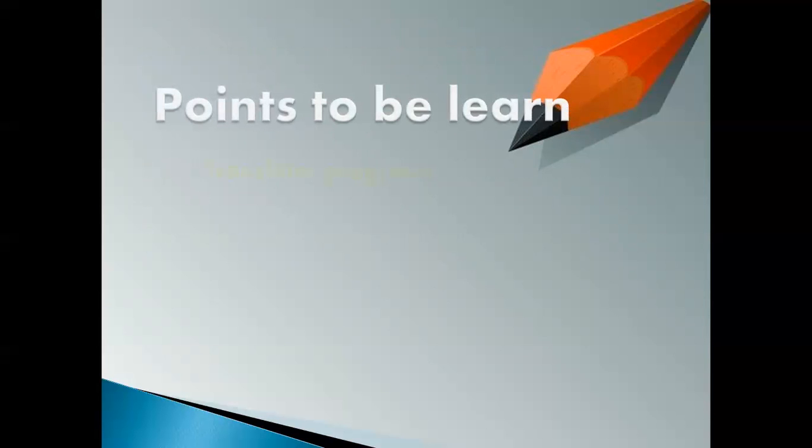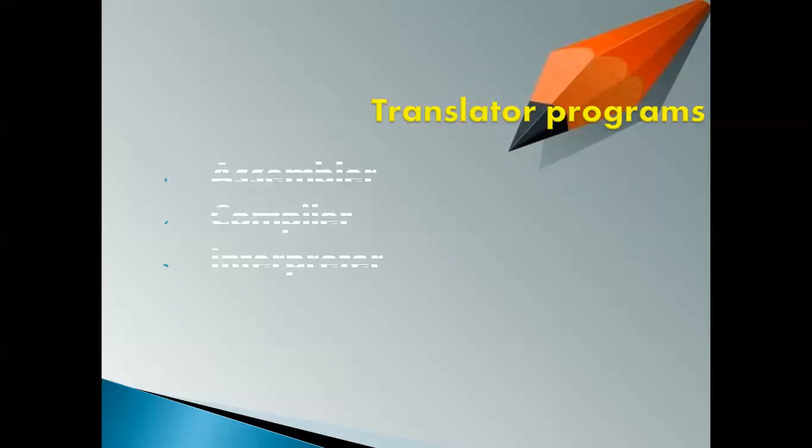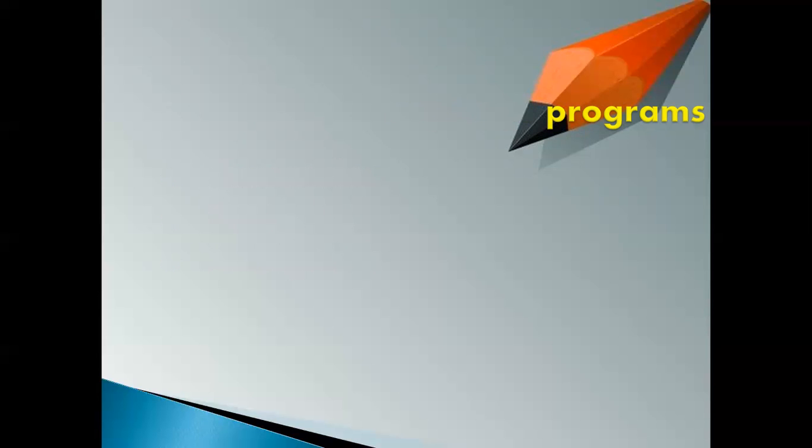Then in the second session we learned the translator programs, what is a program, what is programming. As we learned in the first session, the computer understands only one language, so we need to convert all programming languages into machine language. That's why we need a translator. There are 3 translators: assembler, compiler, and interpreter.